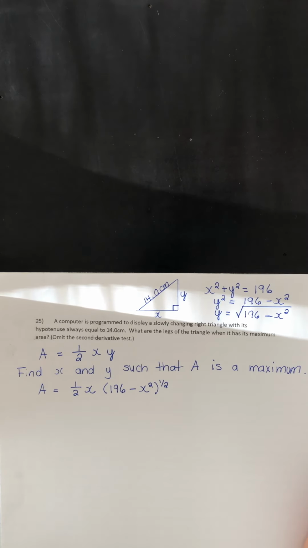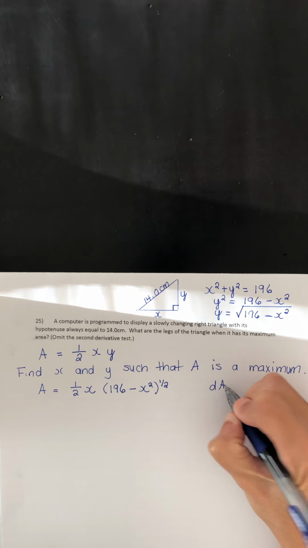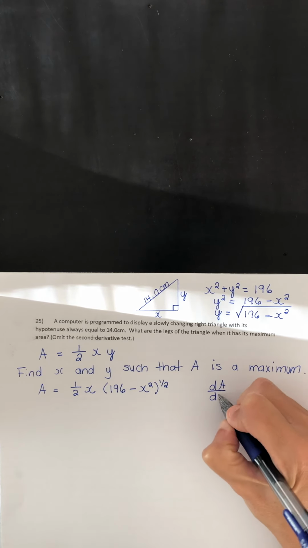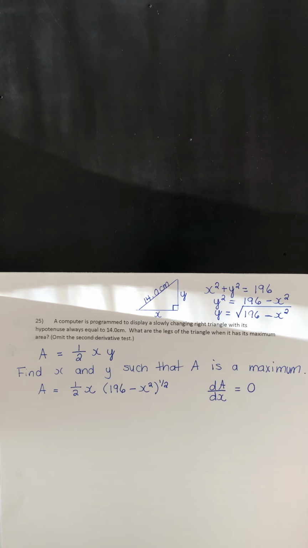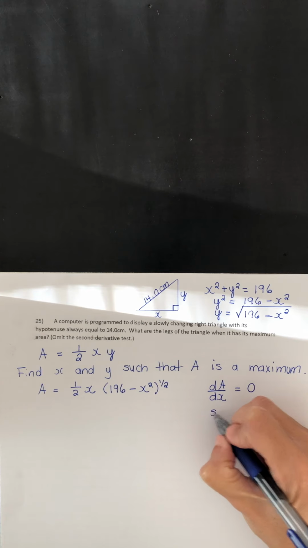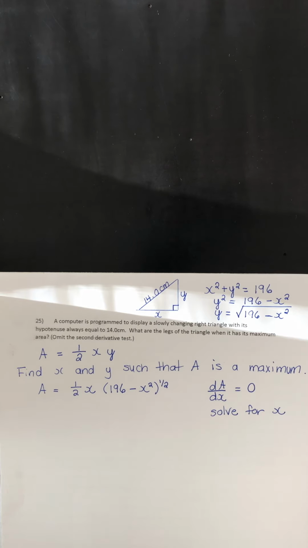Now I'm going to execute the plan. The plan is we're going to take the derivative of that area with respect to x, set it equal to 0, and right after that, solve for x.